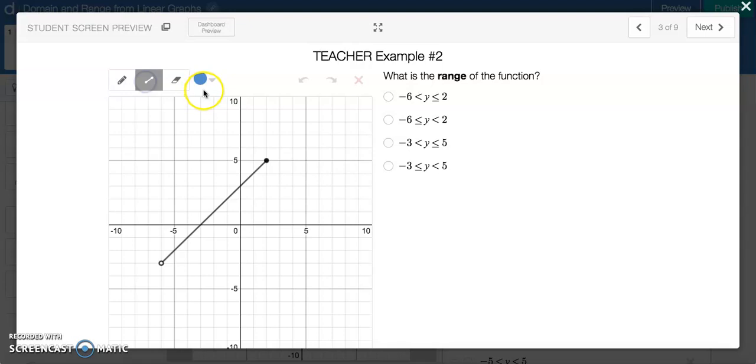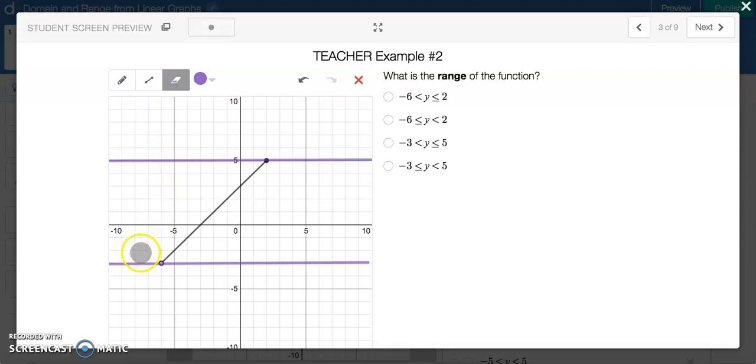So I'm going to grab my line tool, and just to be fun, change the color. The first thing I'm going to do is draw a boundary on the bottom. And then the second thing I'll do is draw a boundary on top. That just helps me see where the actual numbers are. One thing I'm going to add is I'm going to use my eraser tool.